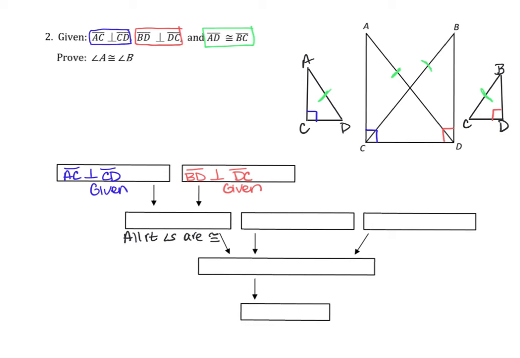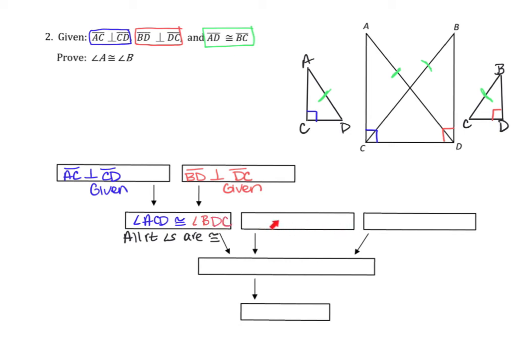So we just want to list those right angles. So the angle created by these two perpendicular lines would be angle ACD, and then the angle created by these two perpendicular lines would be angle BDC.